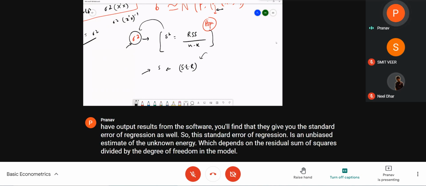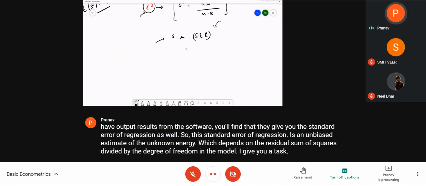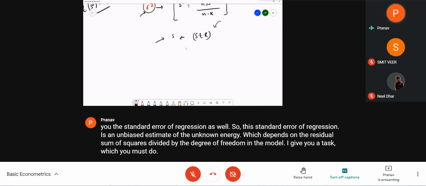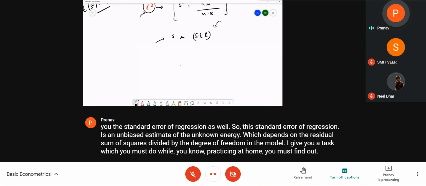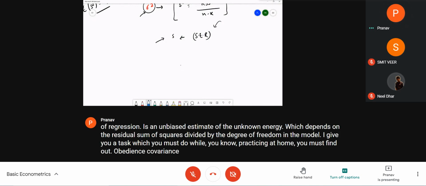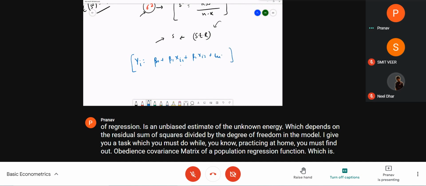I give you a task which you must do while practicing at home. You must find out variance covariance matrix of a population regression function, which is this.